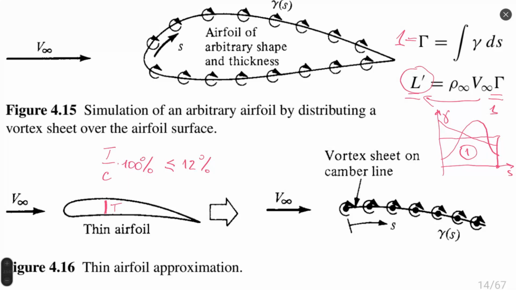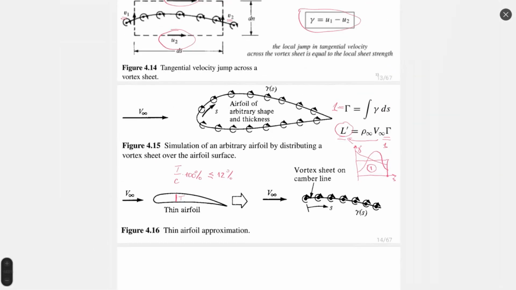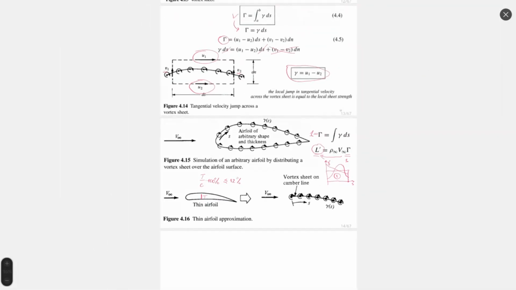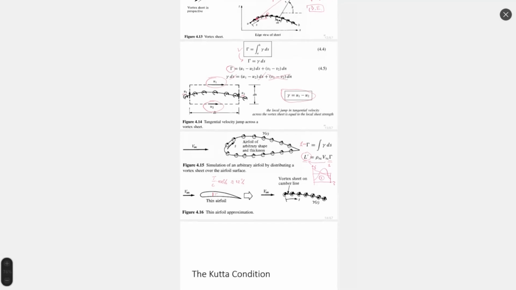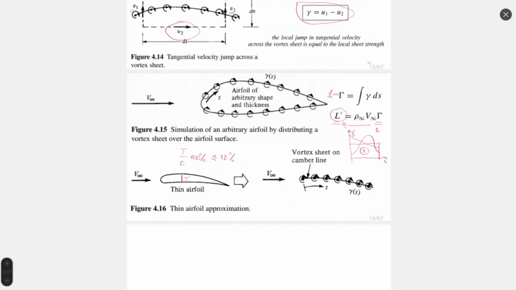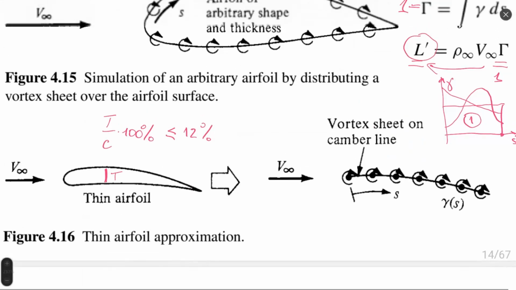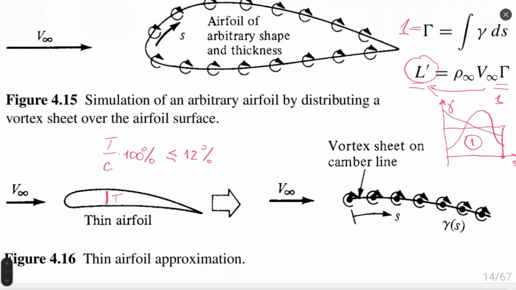So for a thin airfoil, if we see it from a long distance, let me try to imagine a long distance, we see almost the same line on the top and on the bottom. The farther from the airfoil, the closer the two lines, upper and lower, are. So the upper and lower walls are close to one another.